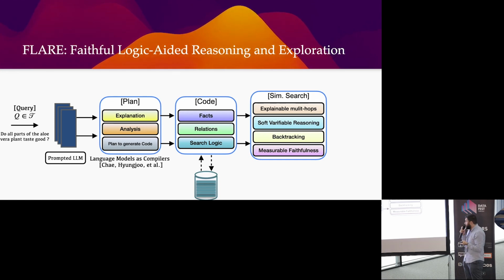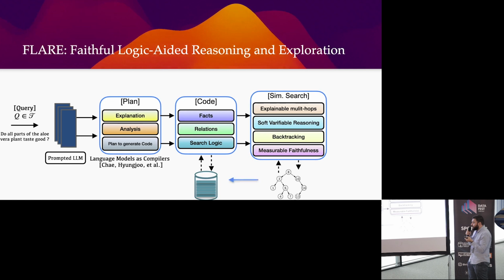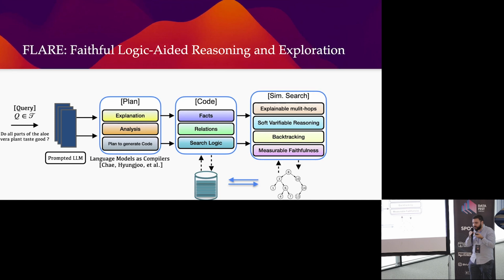So, in essence, we do some type of simulated traversal, and we update the state during that traversal. Essentially, if a new fact arises, we deem it not to be a hallucination, I'll tell you about it later, and we add it to the state. If some fact is underutilized, we know about it.